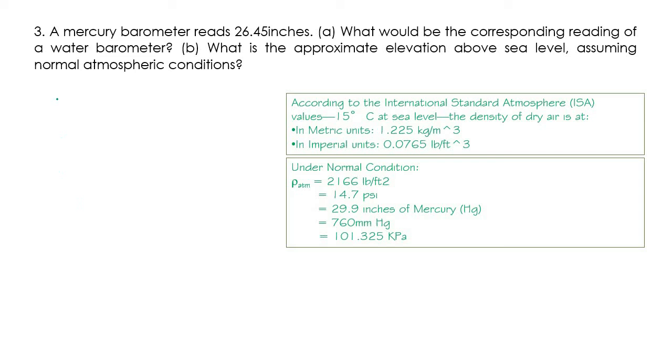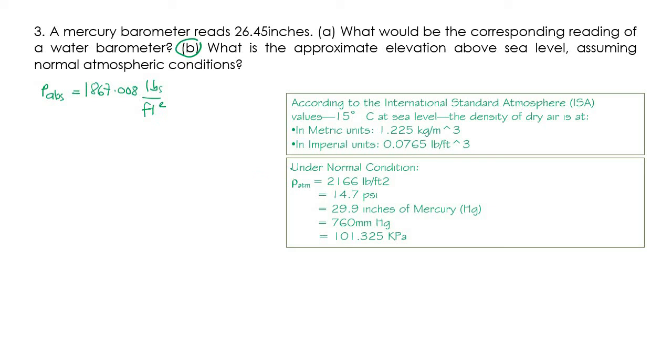Next is item B. What is the approximate elevation above sea level, assuming normal atmospheric conditions? Note that we already have a value of absolute pressure, which is 1,867.008 pounds per feet squared.